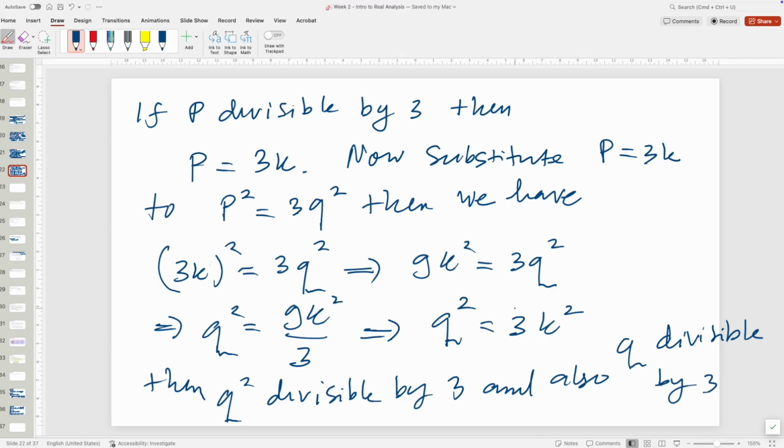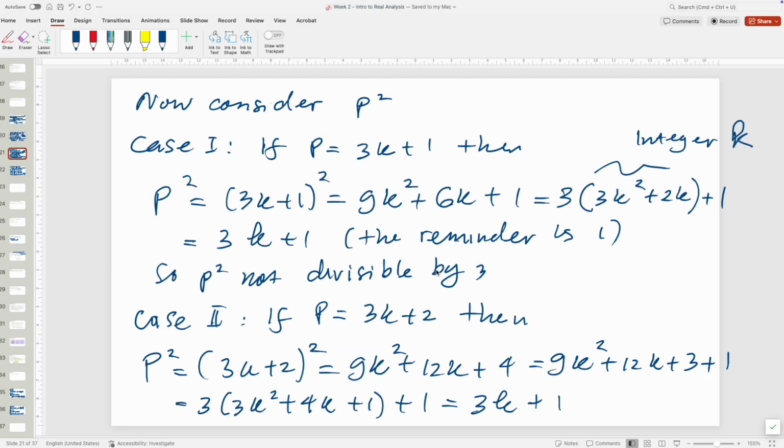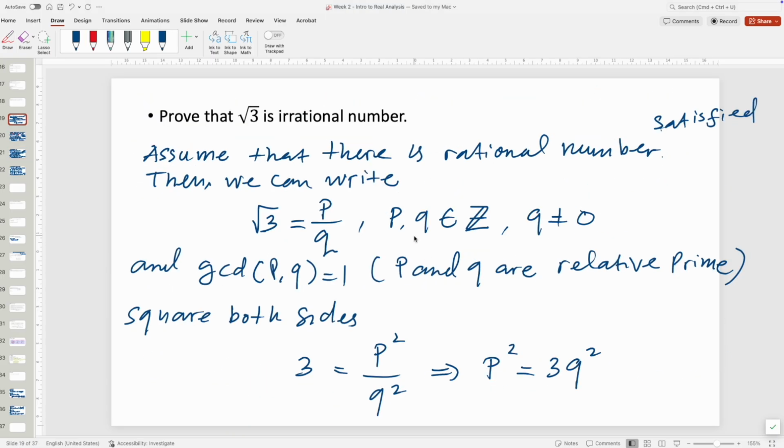So look at this. Which one is a contradiction? We assume that p and q are relatively prime. It means both of them cannot be divisible by 3. If both of them are divisible by 3, then p and q are not relatively prime.